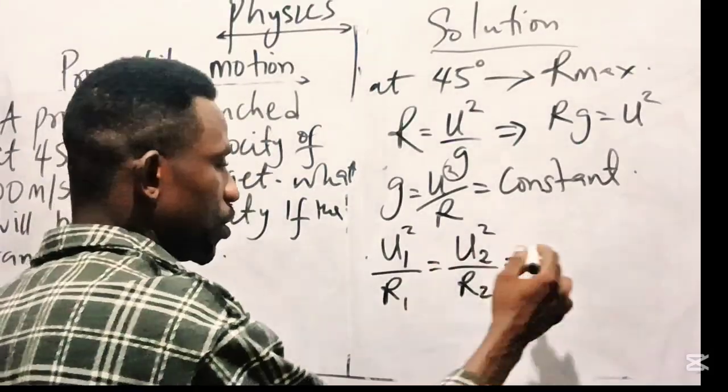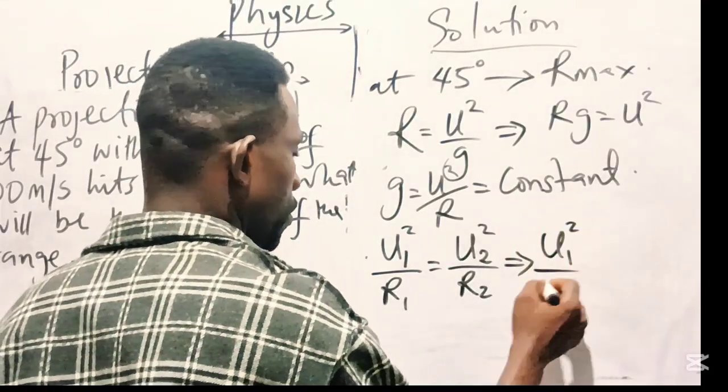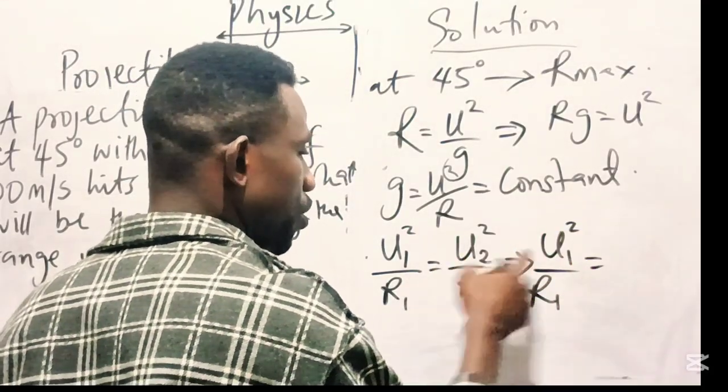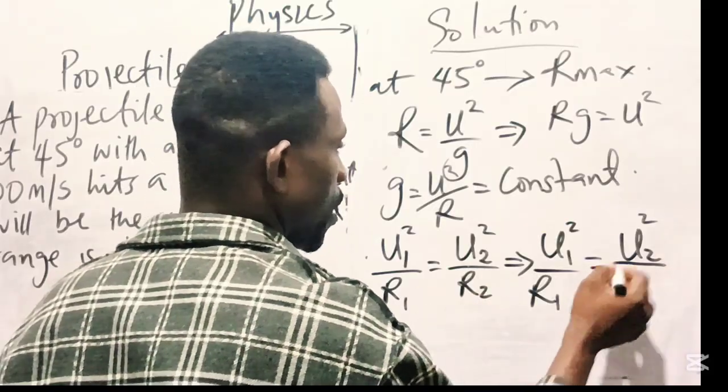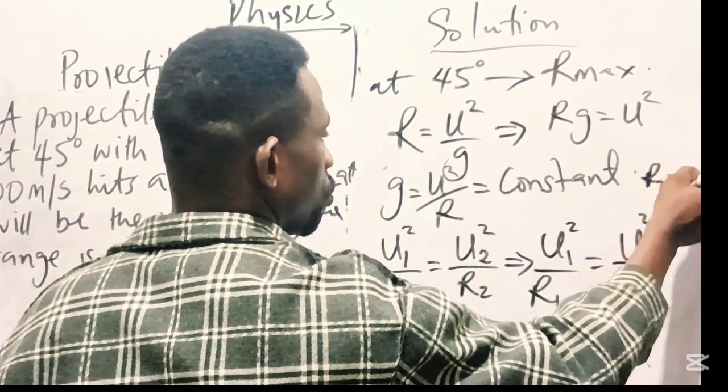So U1 squared all over R1 is equal to U2 squared all over R2. Range being doubled, we have R2 is equal to 2R1.